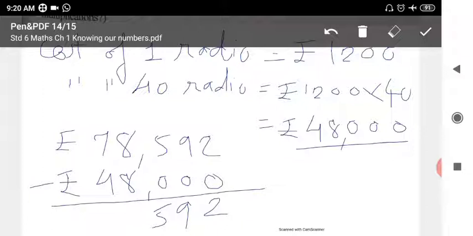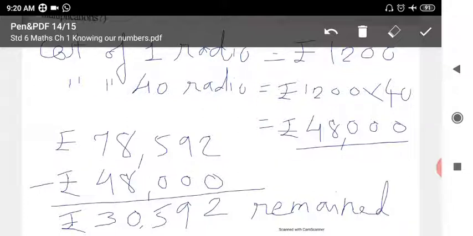Now 8 minus 8, 0, 7 minus 4, 3. So how many rupees remaining after purchasing 40 radio sets? Rupees 30,592. This much amount is remaining.